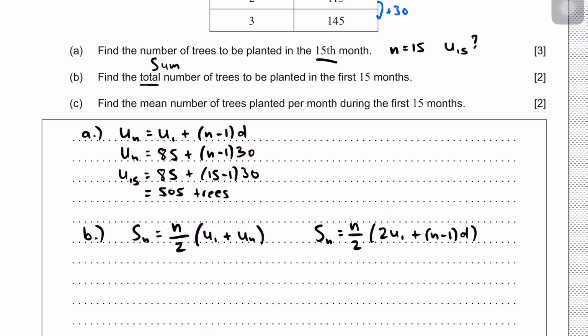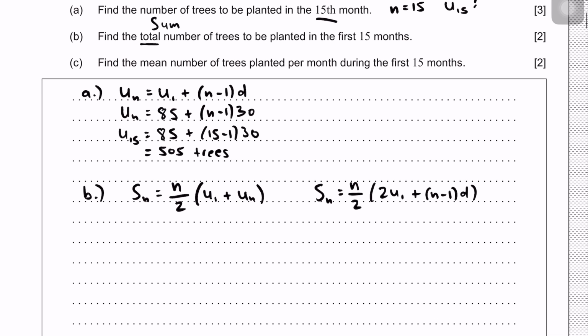In this case, we do know the value of the 15th term, so we can go ahead and use this one. If we didn't, we could use this formula right here, which just has u1, n, the number of terms, and the common difference. Both of them will work, but since we already know the 15th term, this one might be a little quicker. So let's go ahead and substitute.